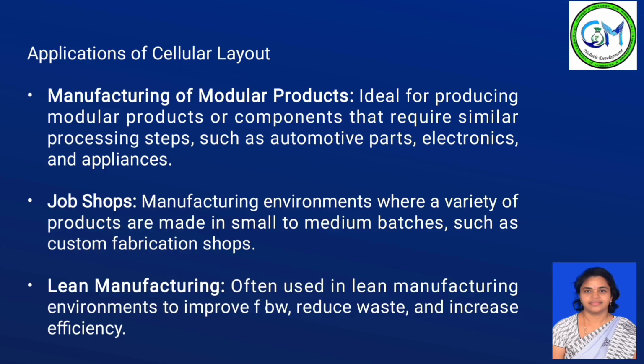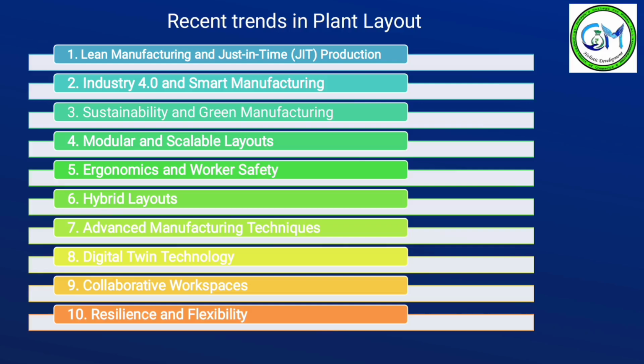Recent trends in plant layout. Here, we mention a few trends that emerge in plant layout: lean manufacturing, just in time production, and second one, industry 4.0 and smart manufacturing, sustainability and green manufacturing, modular and scalable layouts, ergonomics and worker safety, hybrid layouts, advanced manufacturing technologies and techniques, digital twin technology, collaborative workforces, resilience and flexibility.